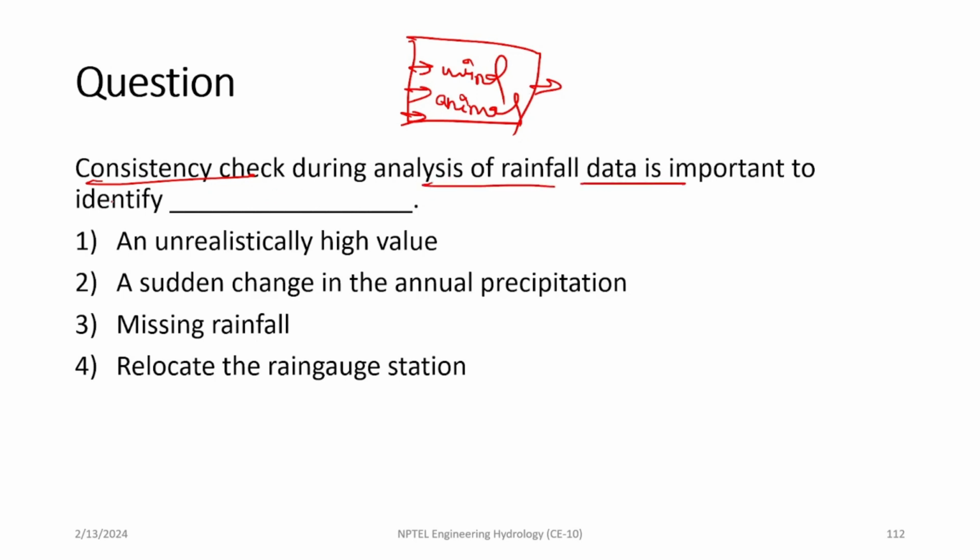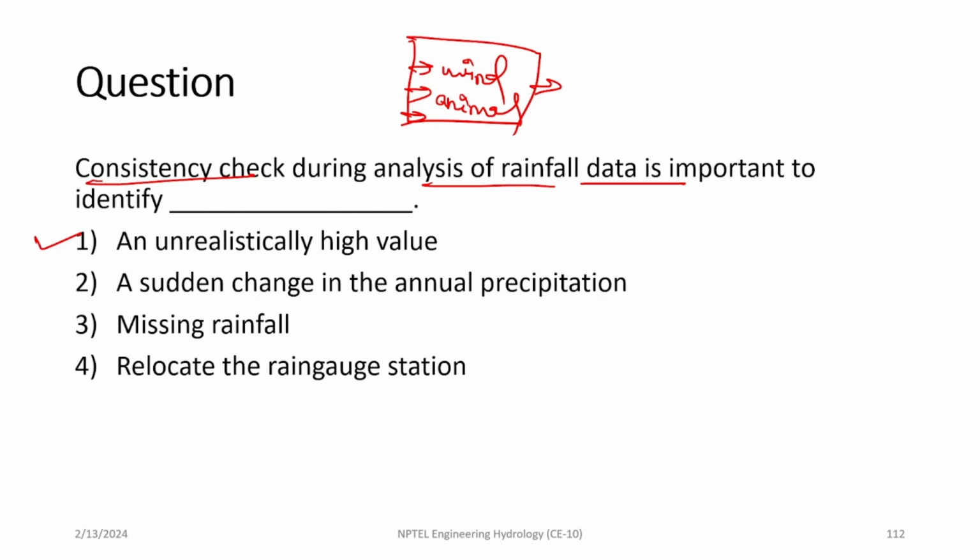Now the thing is, why do we need a consistency check? Number one, the unrealistically high values. Yes, because of an error, it may be possible that we are getting high, or maybe lower values. Now, can you see other options also?